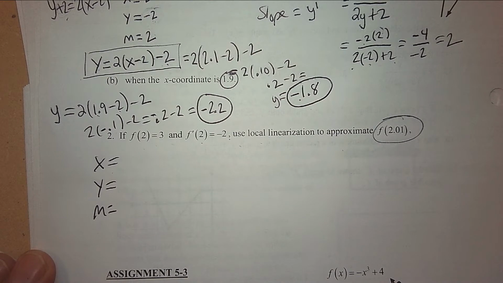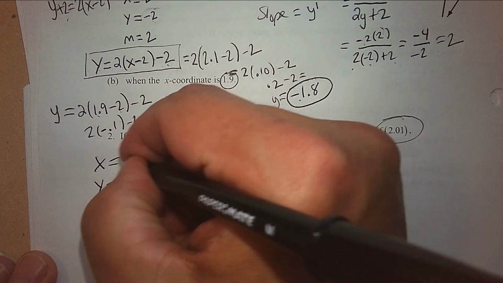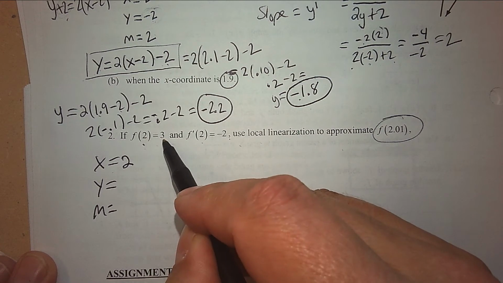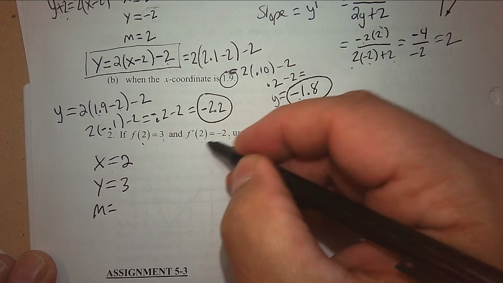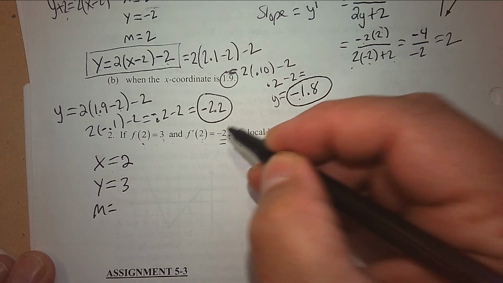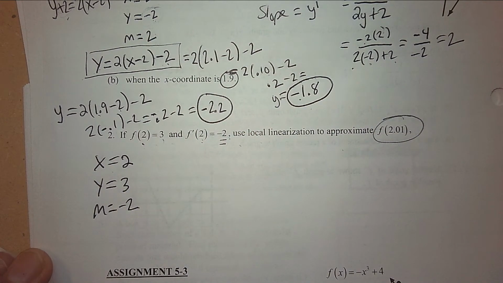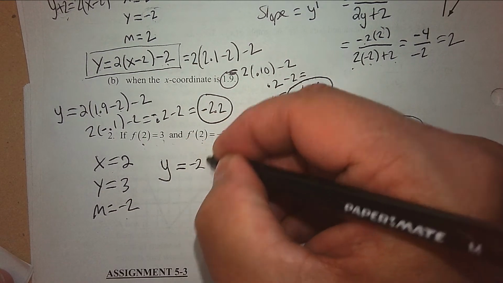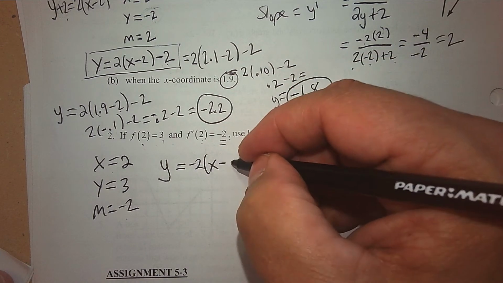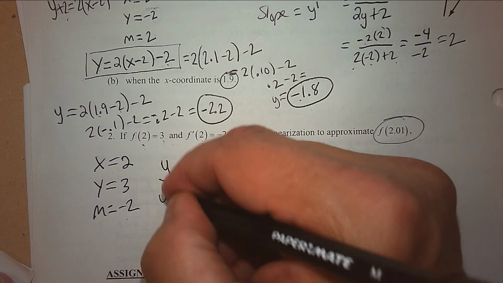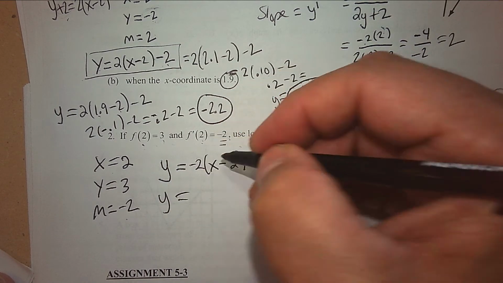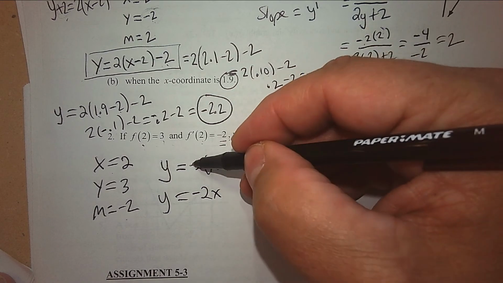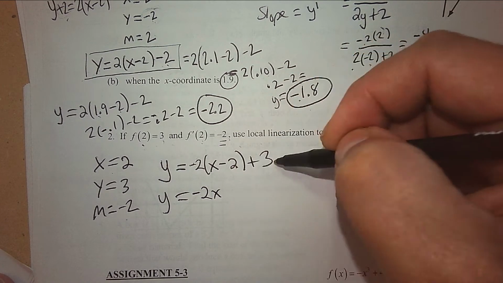So for number 2, what does x equal? 2, right? What does y equal? 3. What is the slope? What's the derivative at 2? So the slope is negative 2. What is the equation of a line using that? I'm going to go y equals negative 2 times x minus 2, plus 3. If you want, you can simplify this. Negative 2 times x is negative 2x, and negative 2 times negative 2 plus 3 is 7.